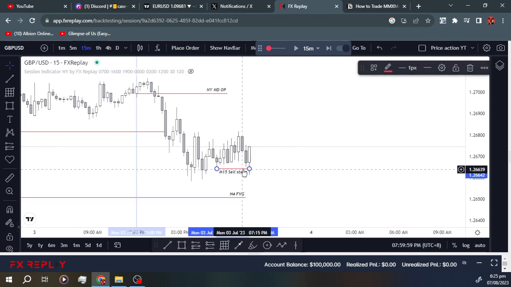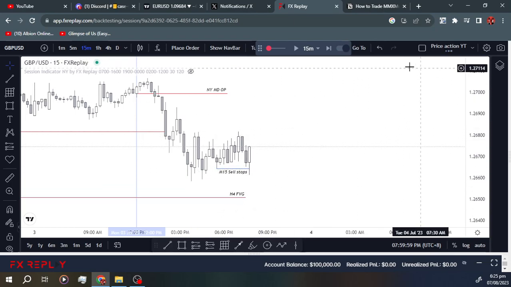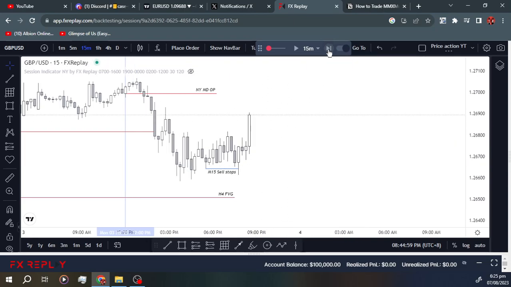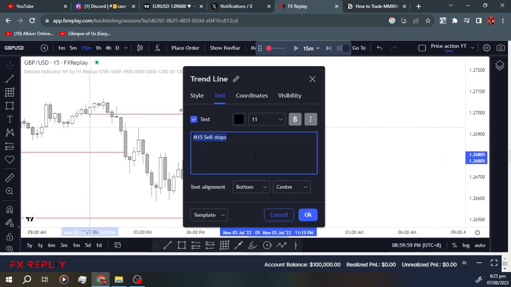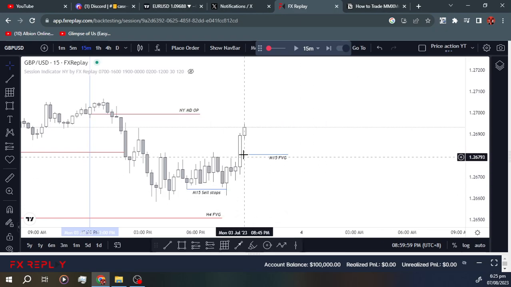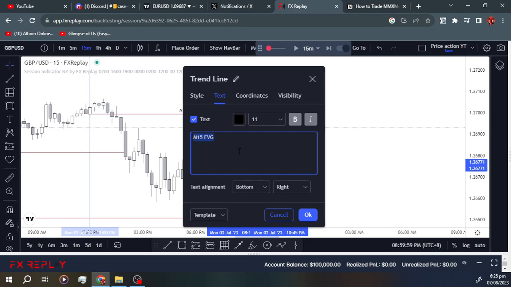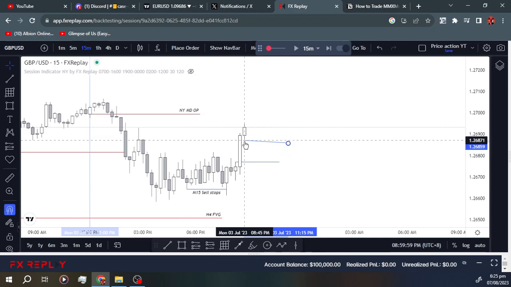Let's see if, after a sell stop, there's any sort of fair value gap, and boom, there you go. Just the M15 fair value gap.